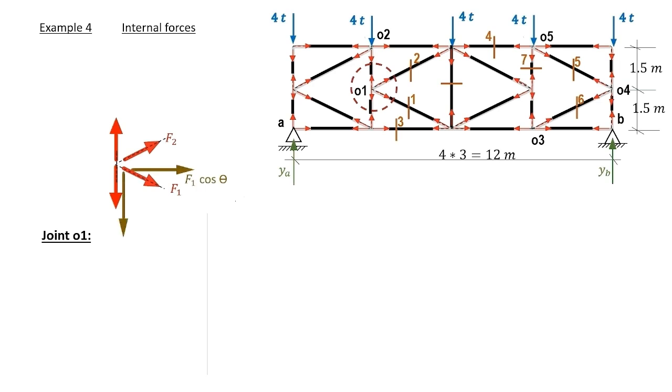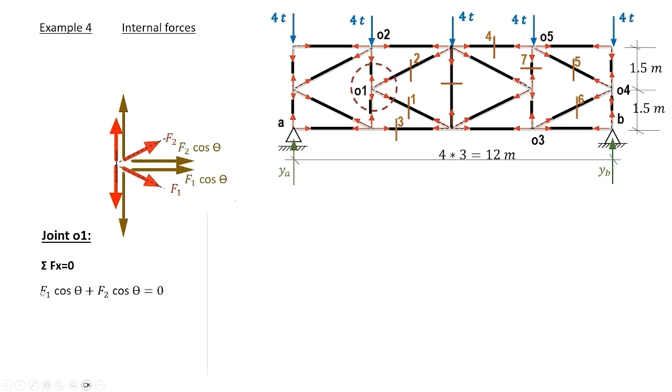Each force is analyzed into a horizontal component and a vertical component. We are interested in the horizontal components, so we have sigma forces in the x direction equals 0. We sum up the horizontal components to be 0.